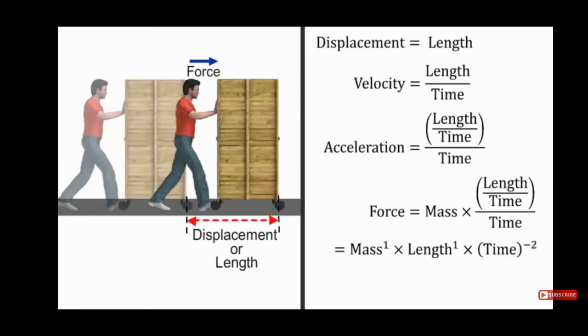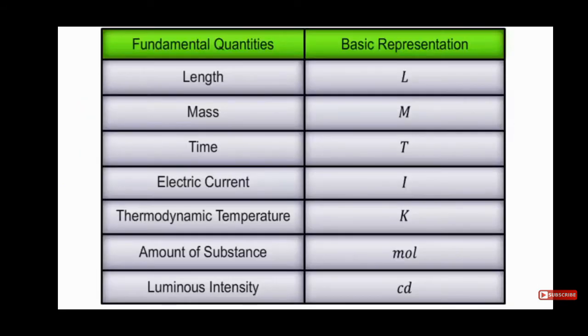For mass, we use M. Length is denoted by L and time by T. The other 4 base quantities are represented by symbols of their SI units, namely electric current by I, thermodynamic temperature by K, amount of substance by mol, and luminous intensity by cd.